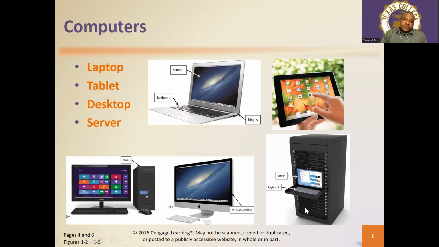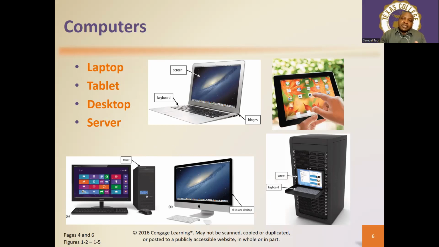And then we have a server. A server, again, is a computing device. So all we're saying is all of these here are different examples of computing devices. In other words, fundamentally speaking, they all function in the same way. The differences have to do with the form and shape and the processing speed and storage capability.